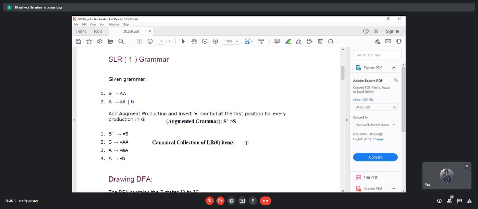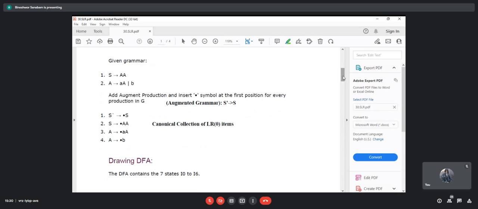Then the next step is making of the LR0 items. How are we going to make LR0 items? We are just going to insert a dot symbol in the right hand side of each production. So this is our grammar.